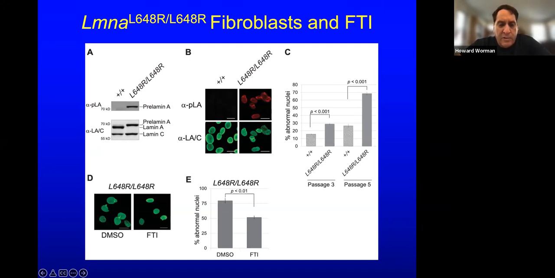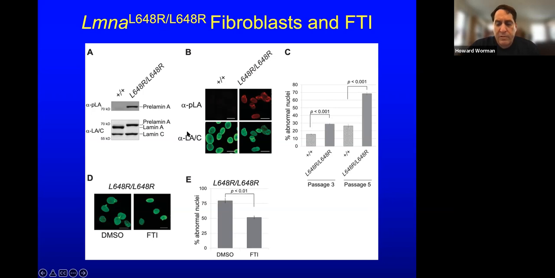And you can see here when we treated cells from these mice with the farnesyl transferase inhibitor, these are probably after 5 passages, the number with abnormal nuclei went from a little over 70% down to about 50%. So similar to what's been seen in these other progeroid disorders with Prelamin A processing defects, there's an FTI reversible abnormal nuclear morphology.